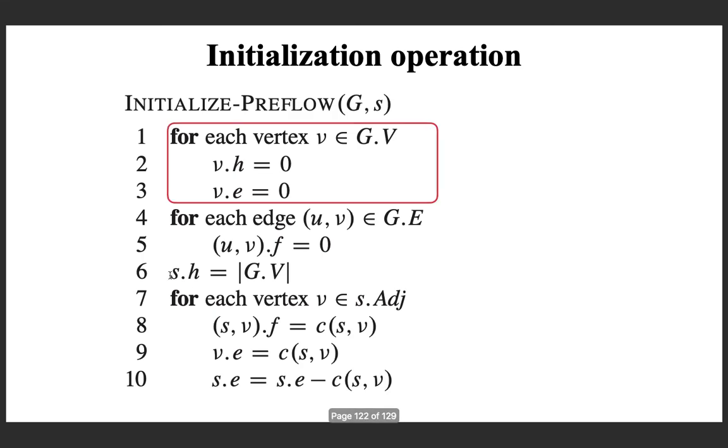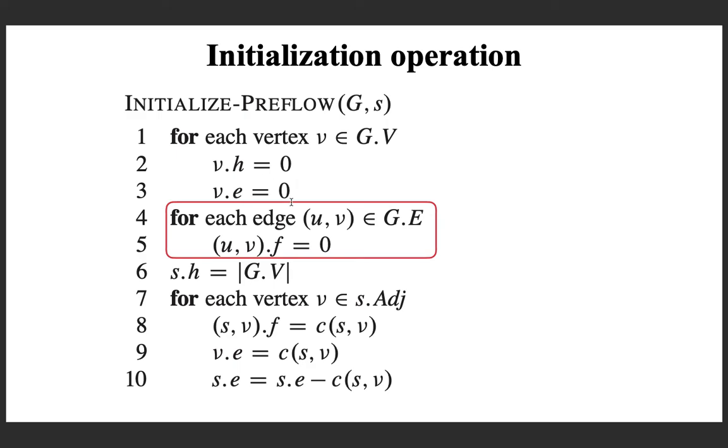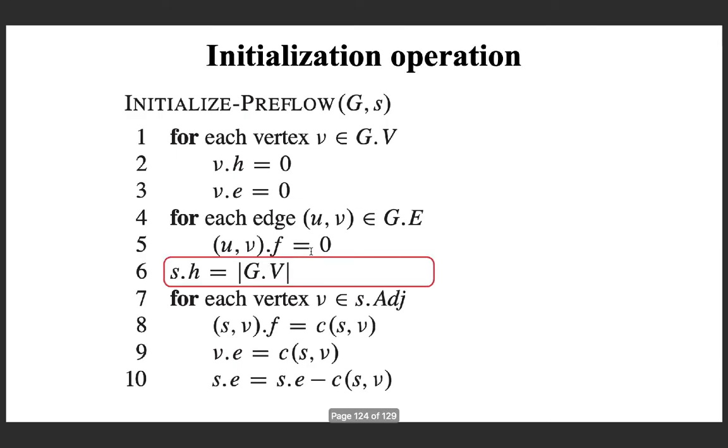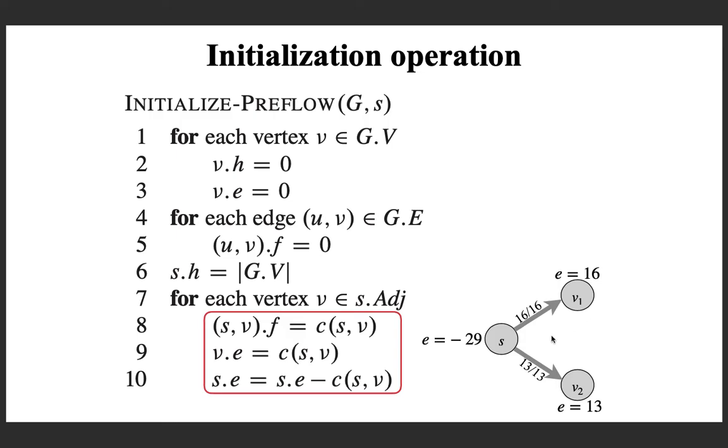Now we can look at the initialization part. You want to initialize the heights of all the vertices to 0, and later you make the height of the source the same as the number of vertices. So you initialize to 0 for all the vertices, and you initialize the flows along all the edges to 0, and then you set the height of the source as the number of vertices, and after that, for all the neighboring vertices of the source, you send the maximum flow.